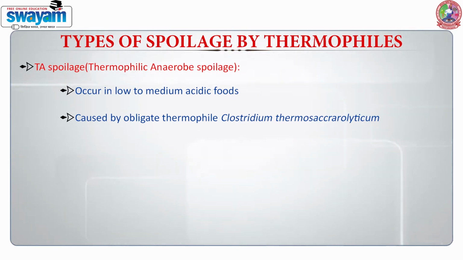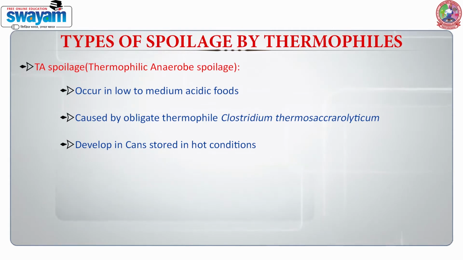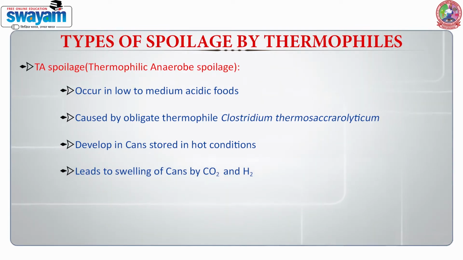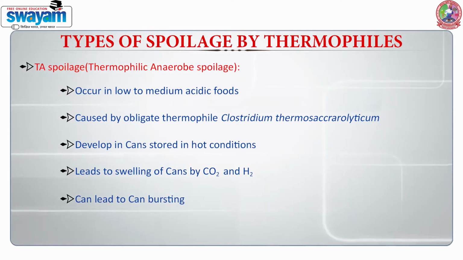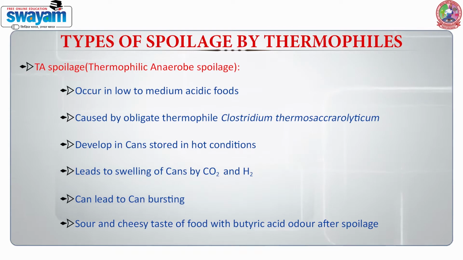The conditions which favor the development of the organism are hot, humid conditions, when the cans are stored in hot conditions. The can shows swelling due to carbon dioxide and hydrogen gas, and sometimes the can also shows bursting. The product stored in the can is sour and cheesy in taste, and this is attributed to the butyric acid produced by the spoilage organism.